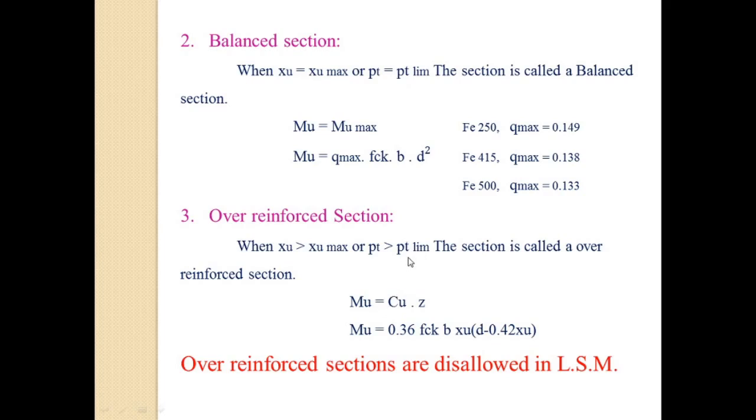In this case the beam will fail initially due to overstress in the concrete, and suddenly, without giving any warning by way of large deformation and cracks, as it does in the case of an under reinforced section. So there is a huge loss of life and property, because over reinforced sections fail suddenly without giving any warning before failure.